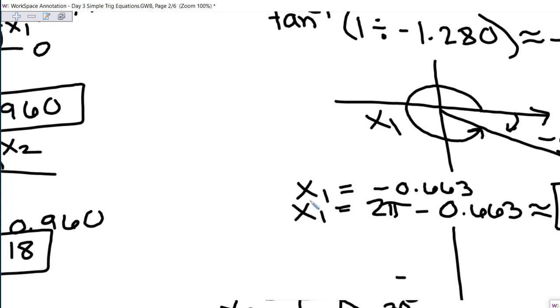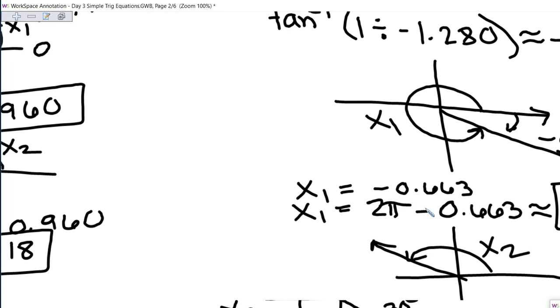So in quadrant 2, it would terminate right here. And how would I find the measure for angle x2? Well, first of all, right down here, what is this reference angle? 0.663. So how would I find the measure for angle x2?